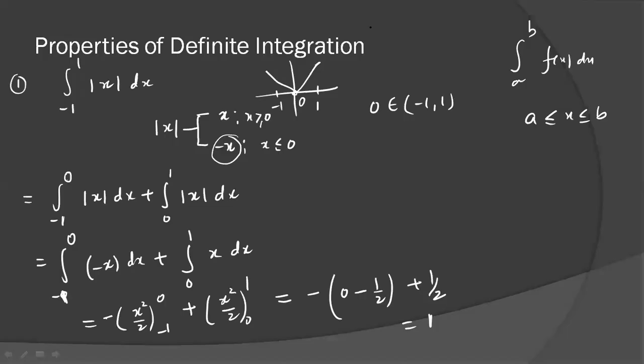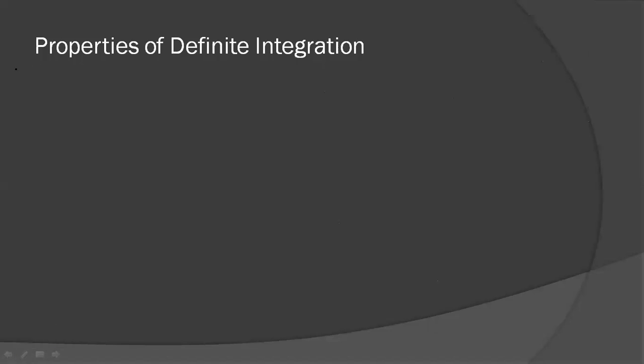We can take a second example also based on the splitting property. For a mod case, we are considering a second example. Integral 0 to 3 of mod x minus 1 plus mod x minus 2 dx.